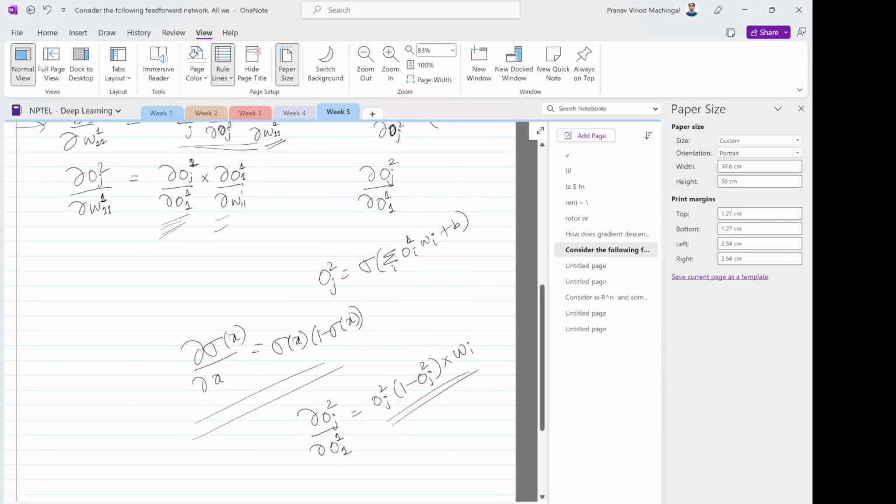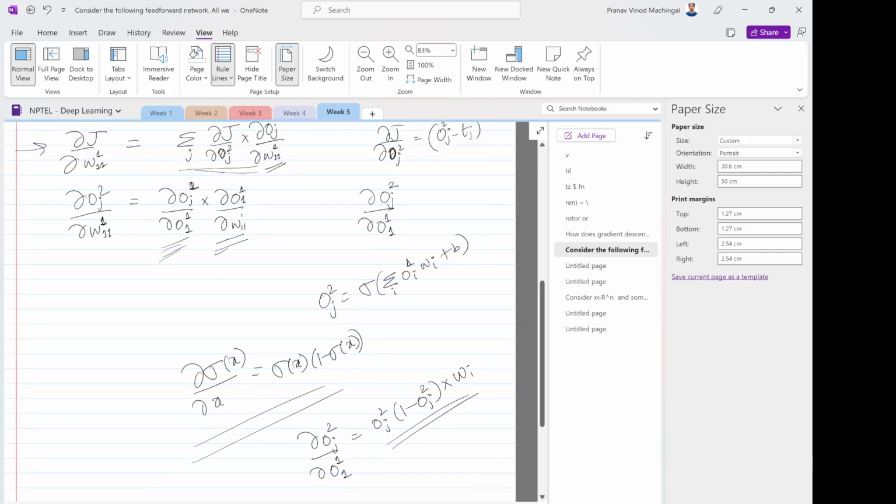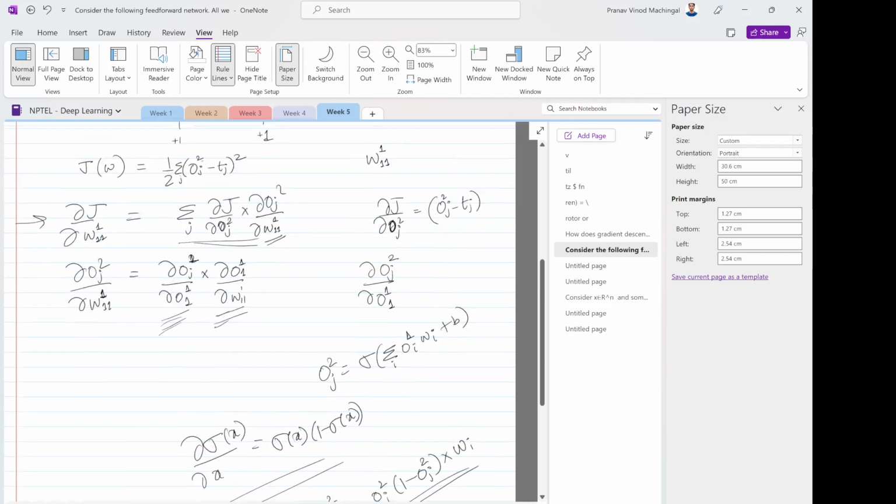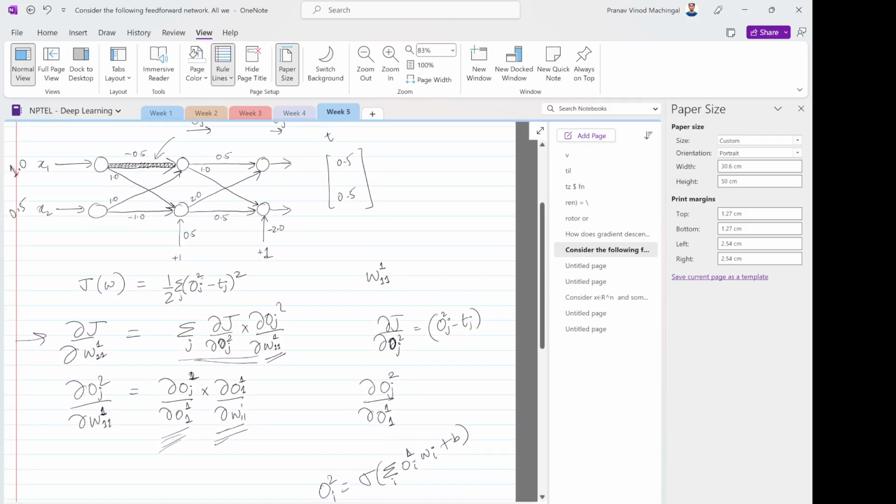Now we only have to find this term. O11 was the output of this layer.